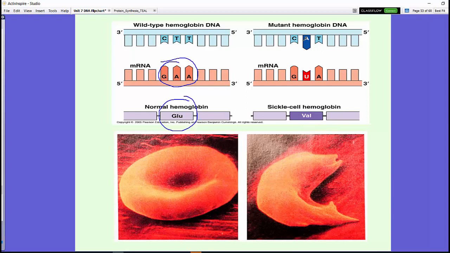In fact, what happens with sickle cell anemia is this middle base has changed from what it should be, T, and now we have A. So when transcription occurs, we have GUA instead, which is going to code for a completely different amino acid. And so this is the reason for sickle cell anemia.